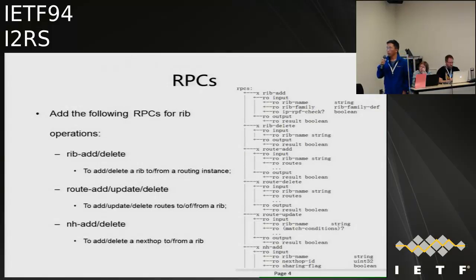The other one is the route add, route update, and route delete operations, used to add, delete, or update a route of a RIB. The third group is NetConf generic operations, that is, NetConf add and NetConf delete operations, used to add NetConf to or delete NetConf from a RIB. Next slide.